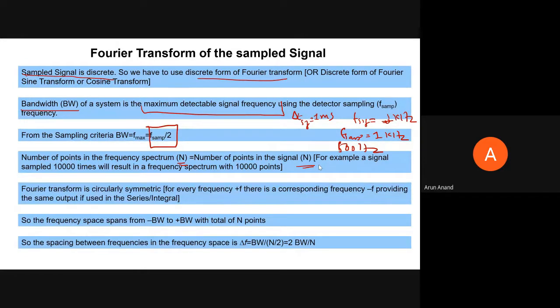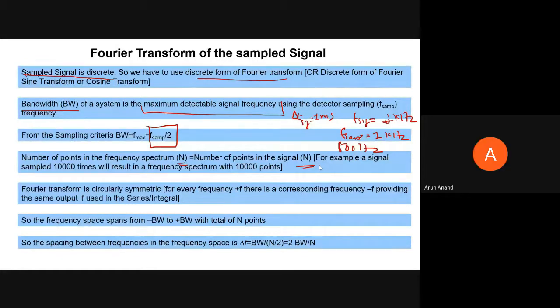Because you are just going from your time space to frequency space. In time space, your x-axis is t. In frequency space, your x-axis is your frequency. In time space, the spacing you will call delta t, and in frequency space, the spacing is delta f, or frequency resolution. Clear?